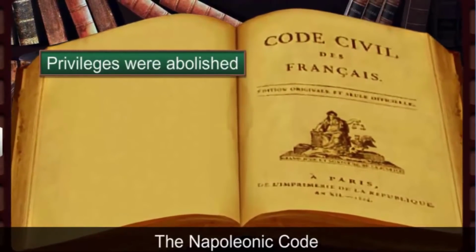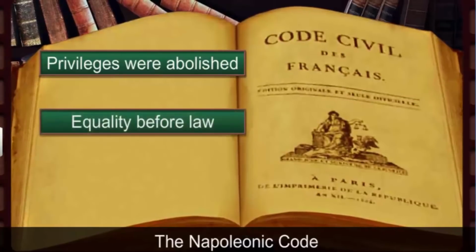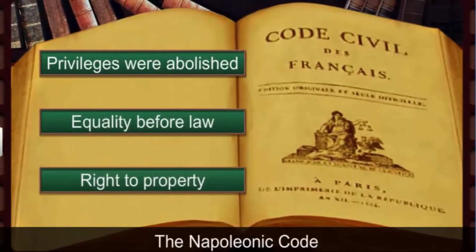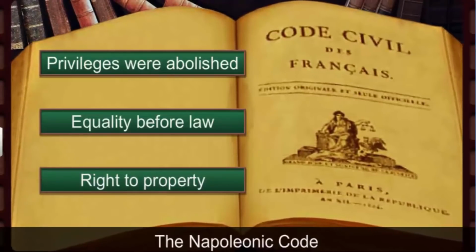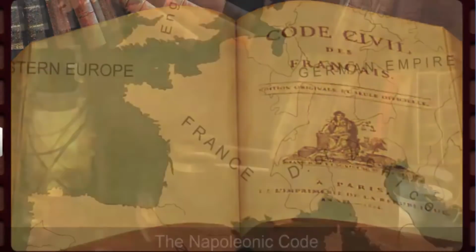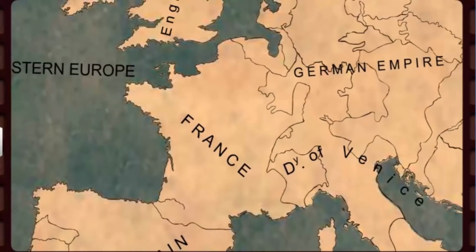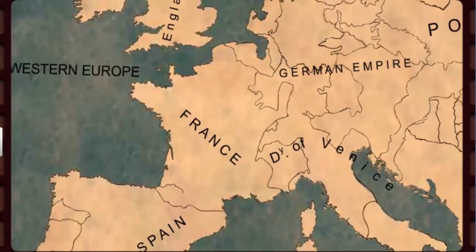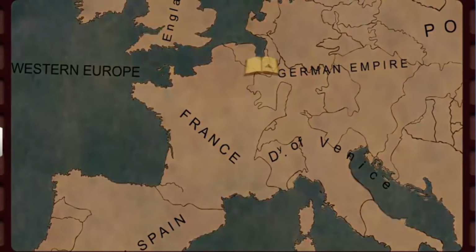He brought in equality before law and secured the right to property, much to the relief of the general gentry. The Napoleonic Code was carried to other countries of Europe that were brought under French control, such as the Dutch Republic, Switzerland, Italy, and Germany.